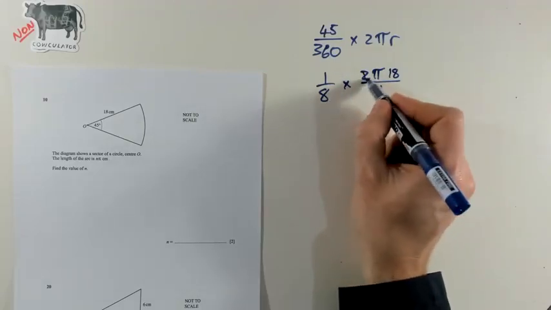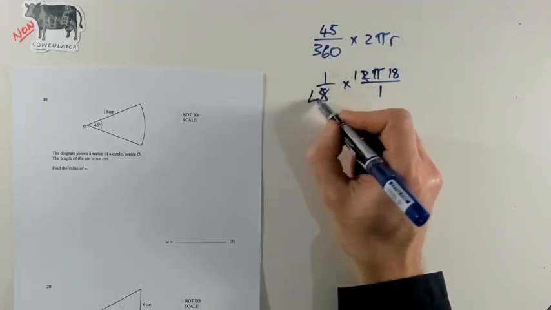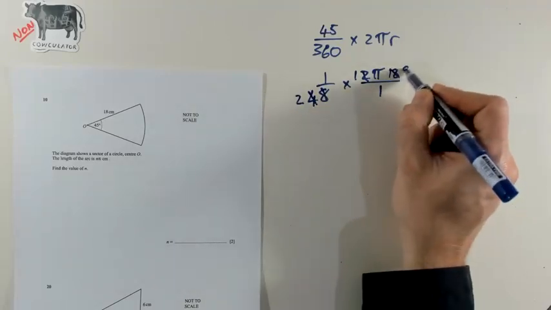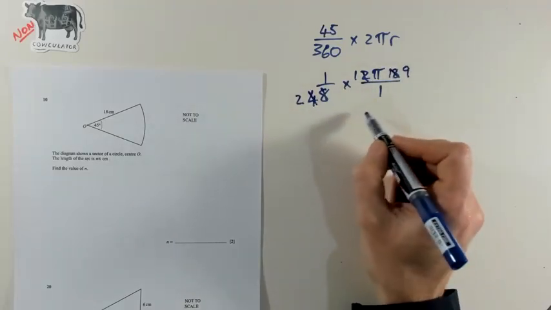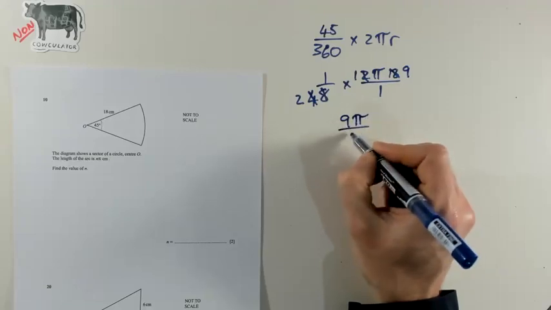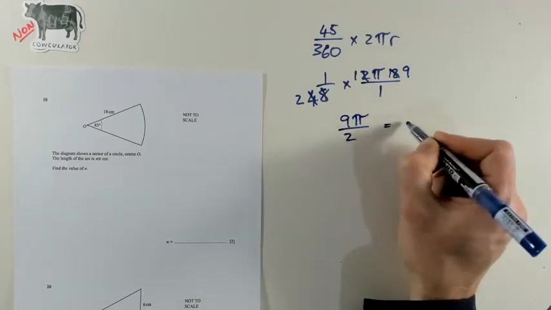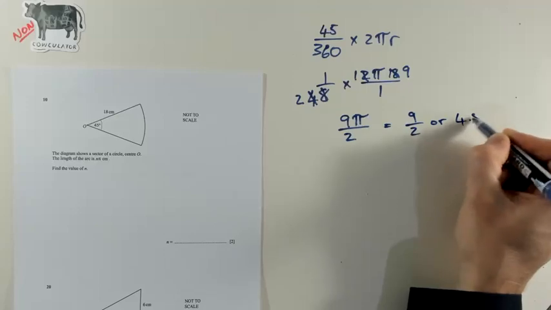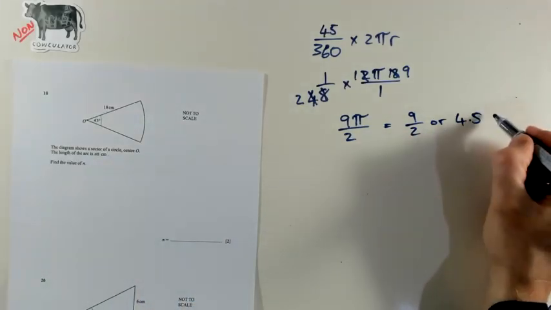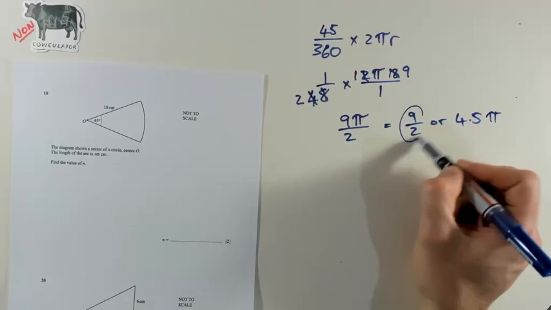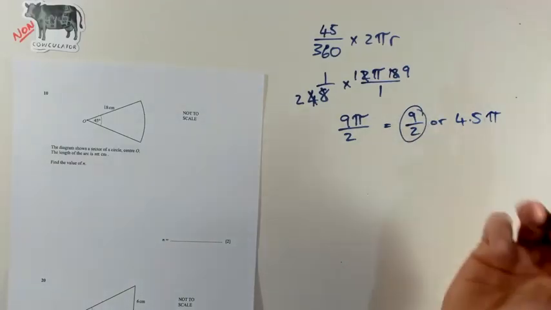That 2 can go in itself once, and then 8 4 times, and then 2 can go in there, and in there that's going to be 9. So basically we're going to have 9 at the top, 9 pi over 2, which is the same as 4.5 pi. But they're asking just for n, so n would be 9 over 2 or 4.5.